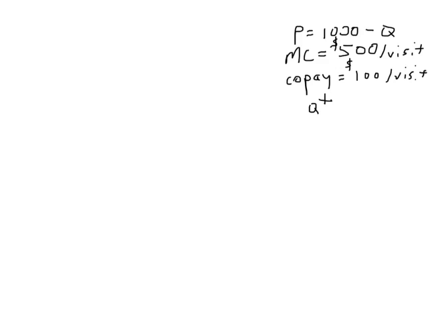What's Q star? That's the economically efficient number of office visits. I'm going to ask for Q prime: what's the actual number of office visits under the copay? And then I'm going to ask for what is the deadweight loss.